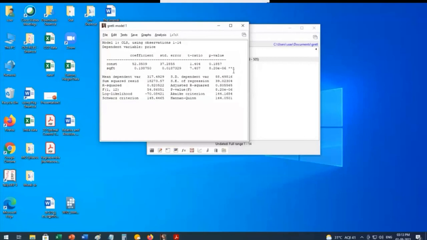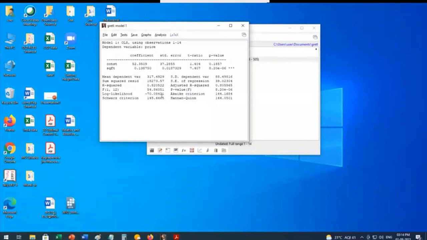That means it is highly significant. So the p-value is 0. That means that is less than 5%, our usual conventional alpha, that is level of significance. So the p-value being 0, less than the alpha equals 5%, we reject the null hypothesis that beta equals 0. That means there is a relationship between price and square foot.